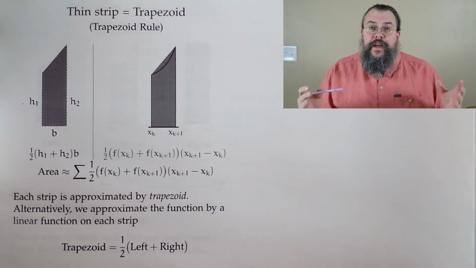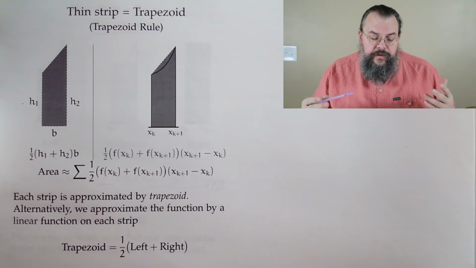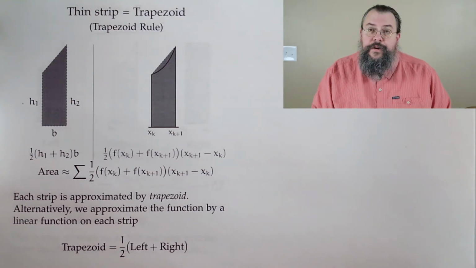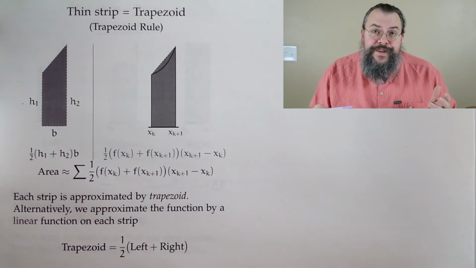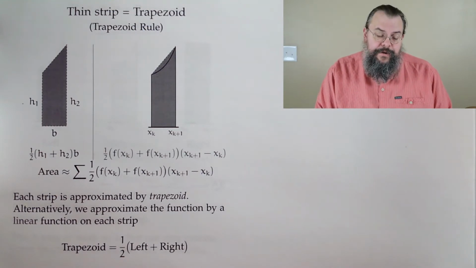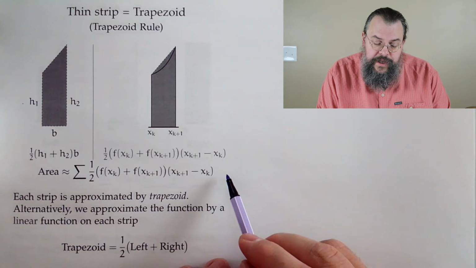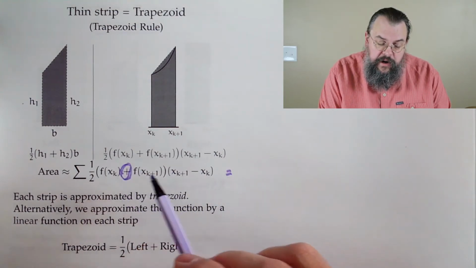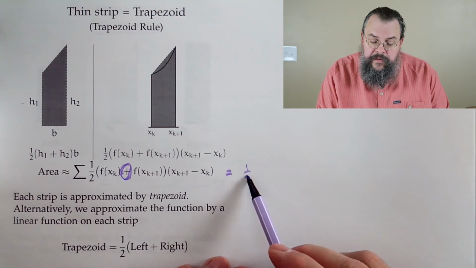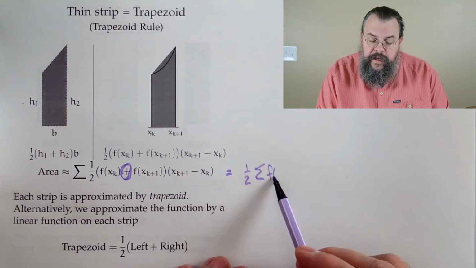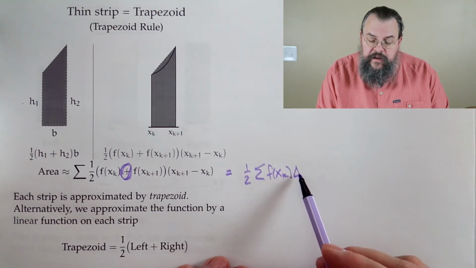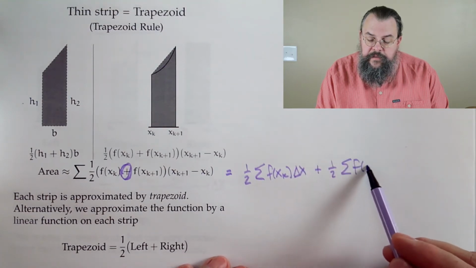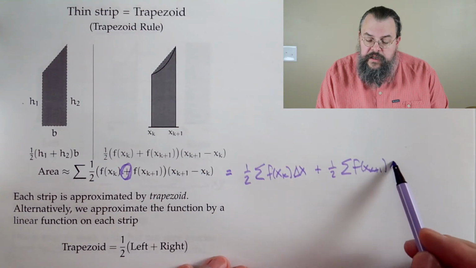And so we say, great. That gives us a nice way to approach it. Now, if you think about what's happening here, the trapezoid rule is doing what? Well, you could really write this, if you expand on this plus sign here, as 1/2 the sum f of xk delta x plus 1/2 the sum f of xk plus 1 delta x.